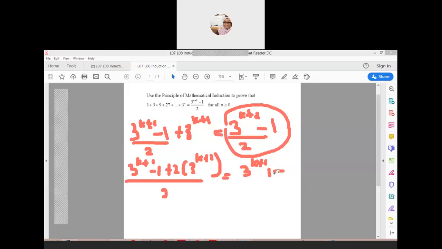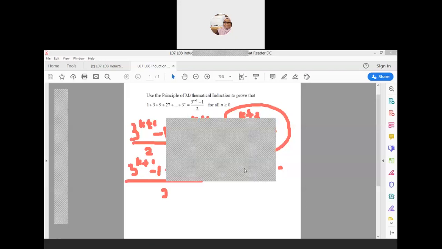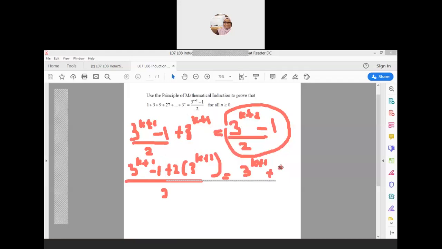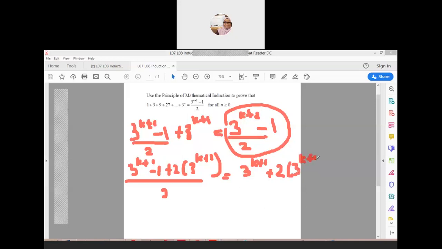Okey, so sekarang kita tak tolak 1 ni, kita letak dekat belakang. Okey, jadi tolak 1 ni padam dia. Yang ni tambah 2 kali 3k tambah 1 tutup kurungan tolak 1 bahagi 2.